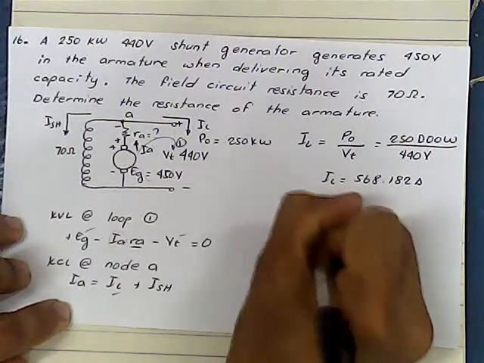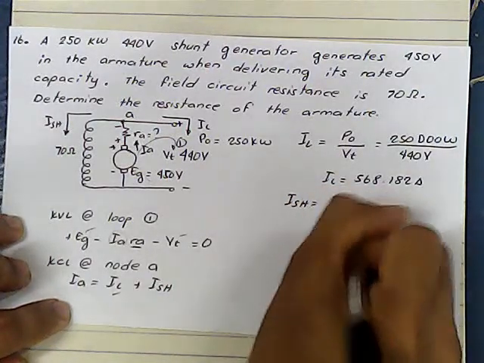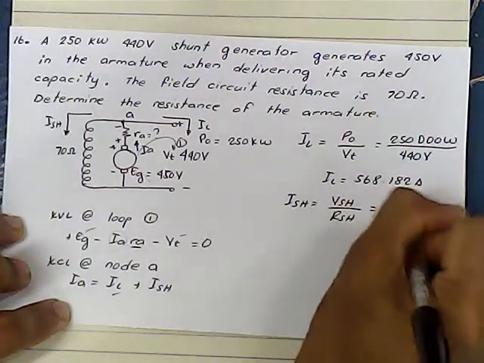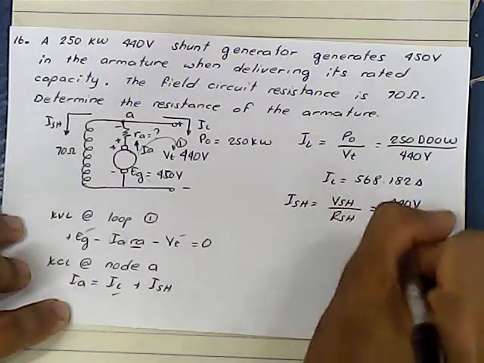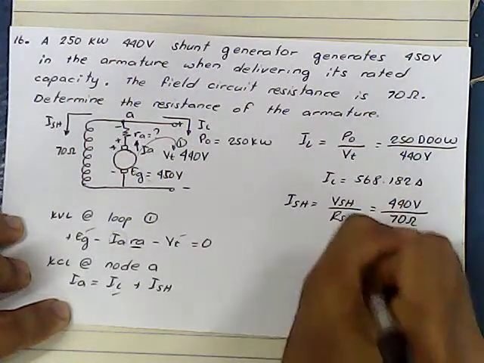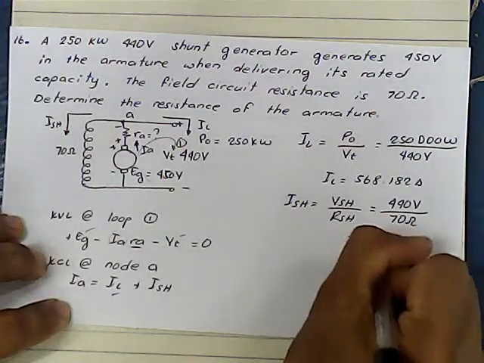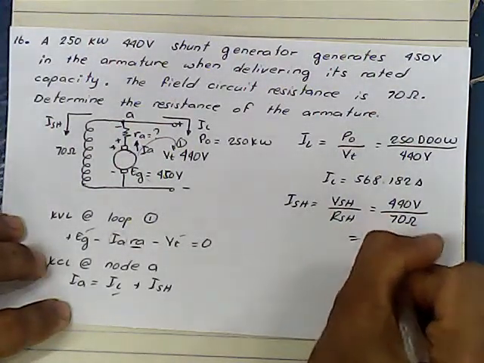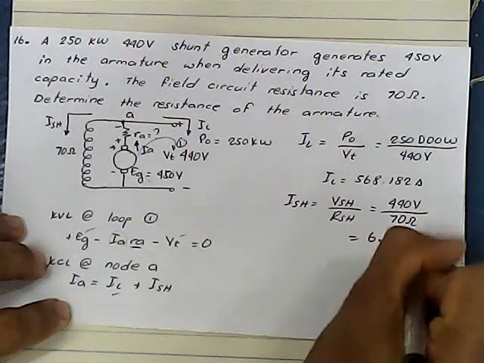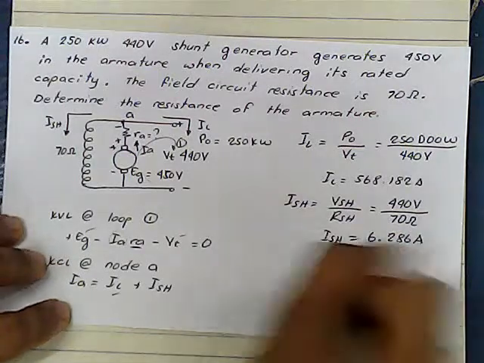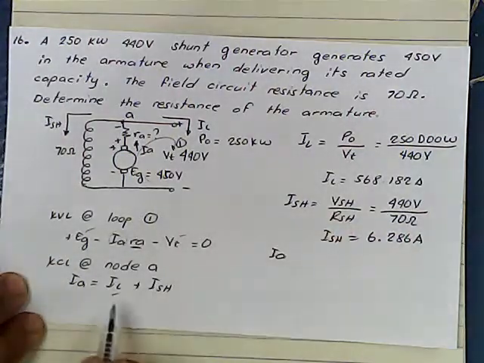Next, hanapin naman po natin yung ating ISH kasi nahanap na natin yung IL. So ISH is equal to VSH all over RSH, which is 440 volts divided by 70 ohms. So 440 divided by 70 will give us 6.286 amperes. Now, substitute natin dito.